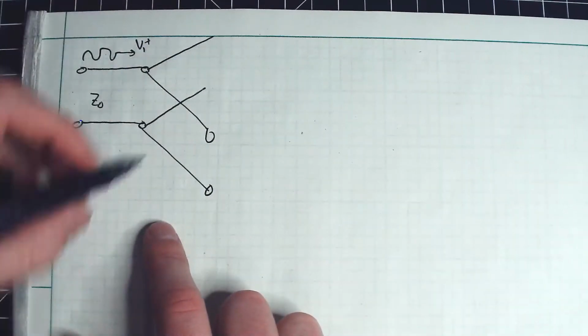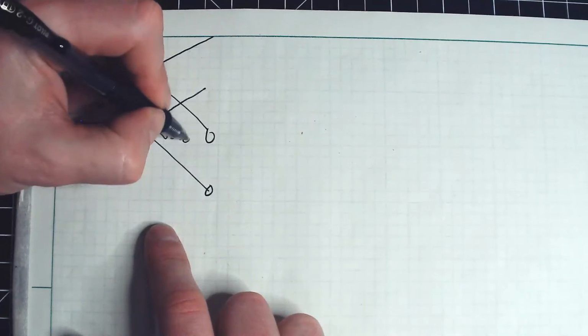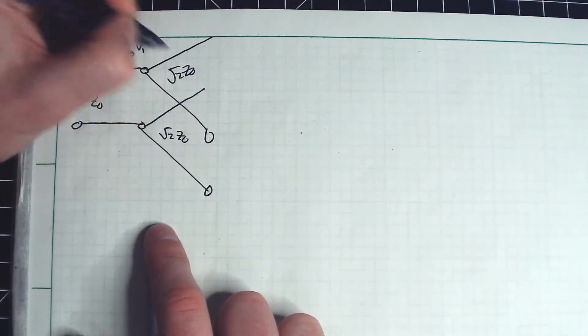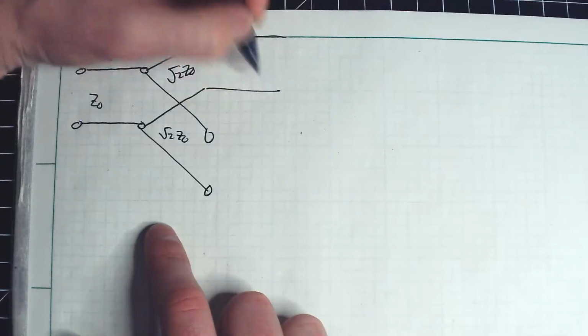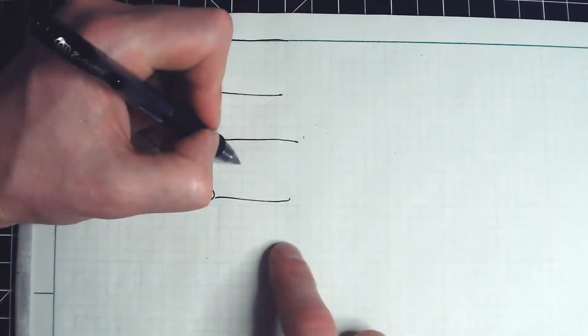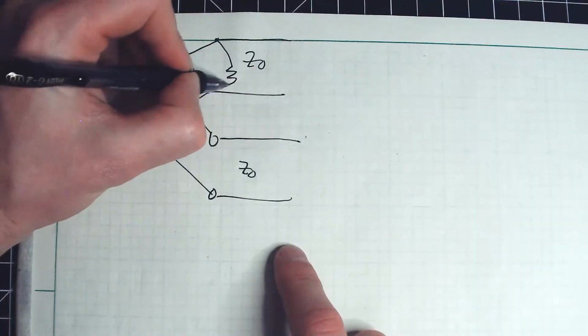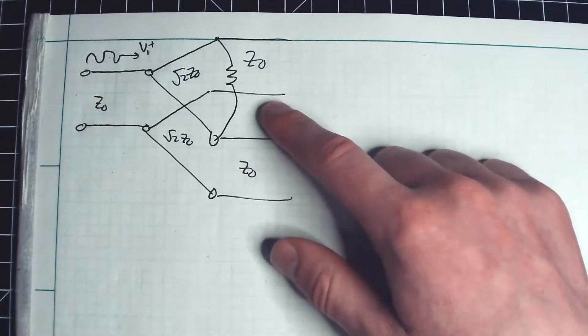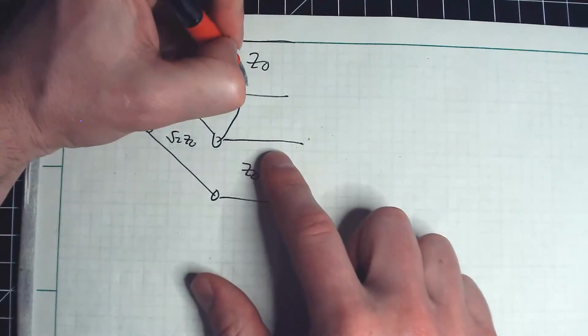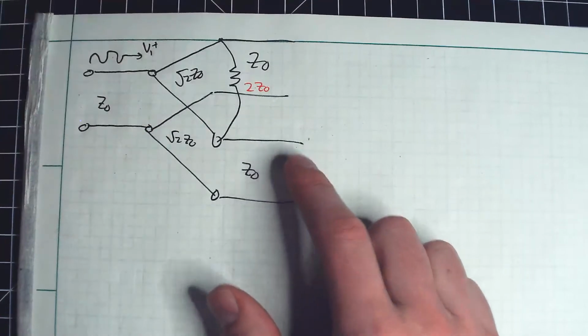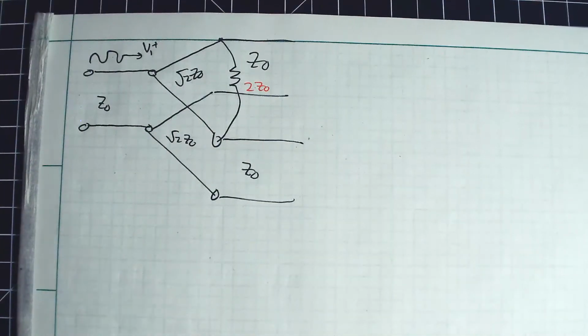So this is going to be root 2 Z naught, root 2 Z naught. This will now continue on. Then this will continue on. So here is a Z naught, here is a Z naught, and there is a resistor branching from here to here. And this has a value of 2 times Z naught.